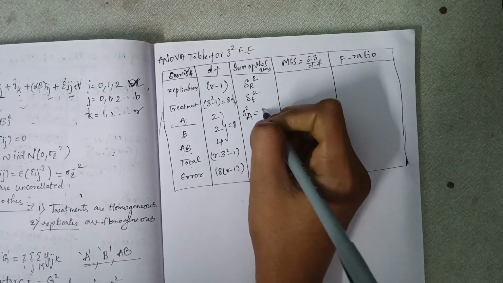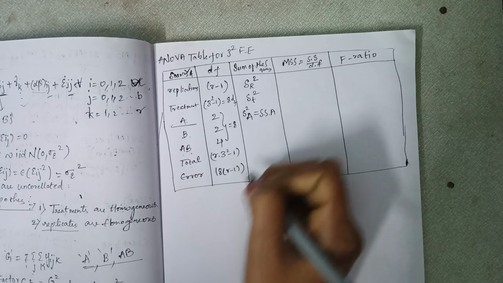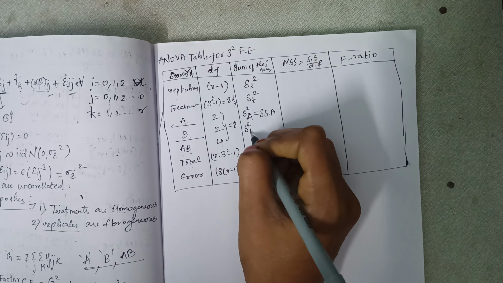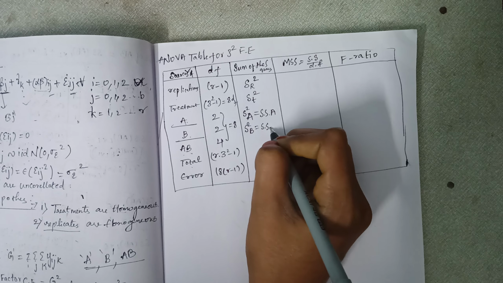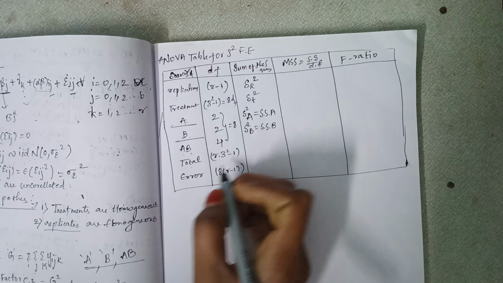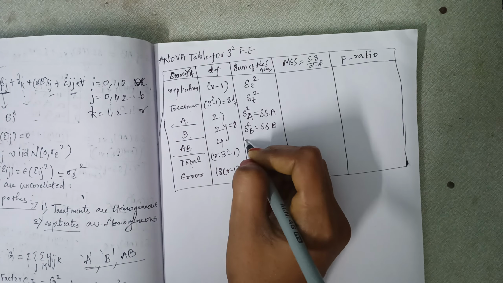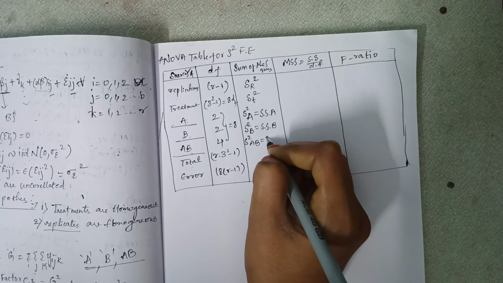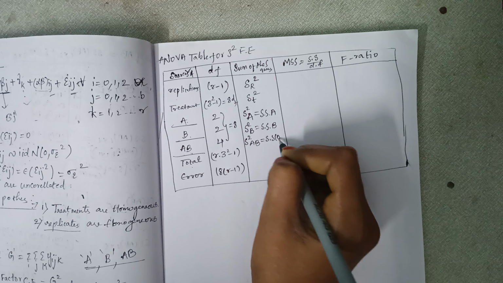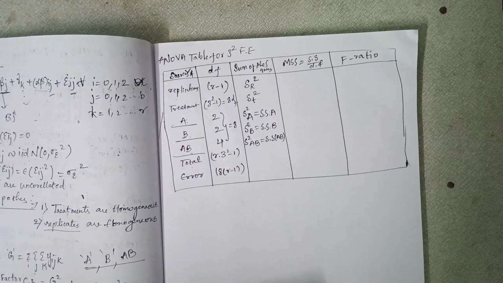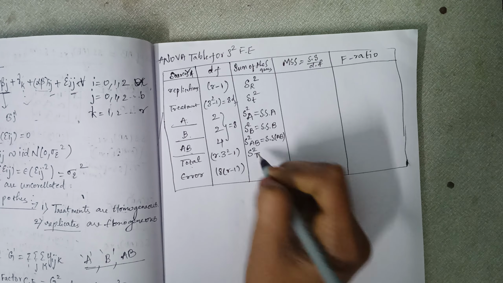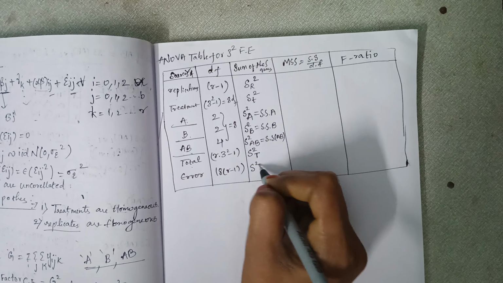And for B effect, S square B. And AB, interaction effect, that is S square AB, which is sum of the squares effect of AB. And the total, which is S square capital T and error S square E.